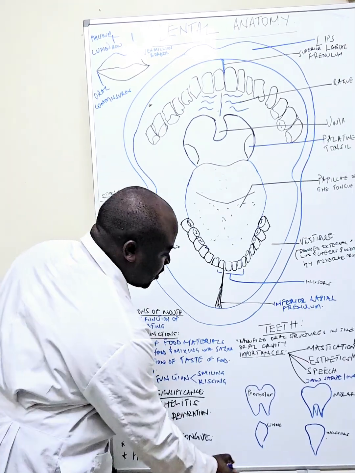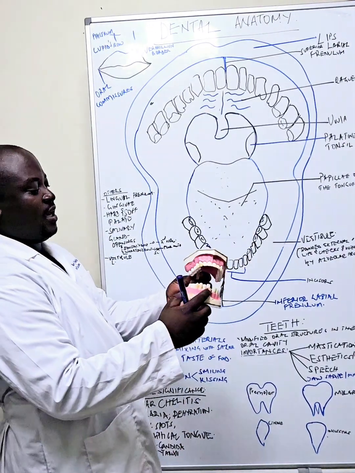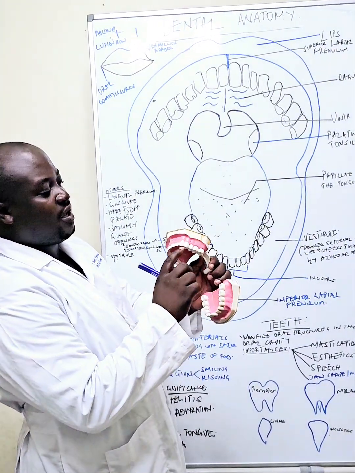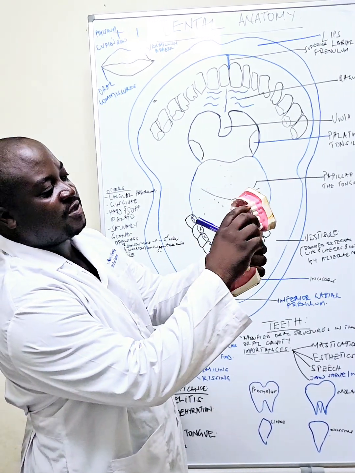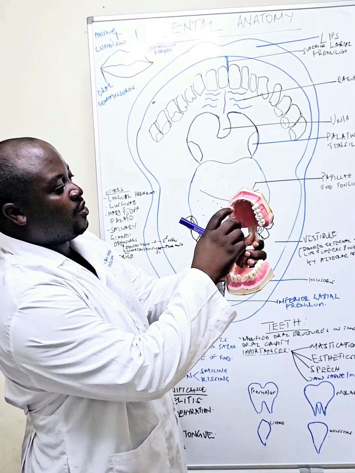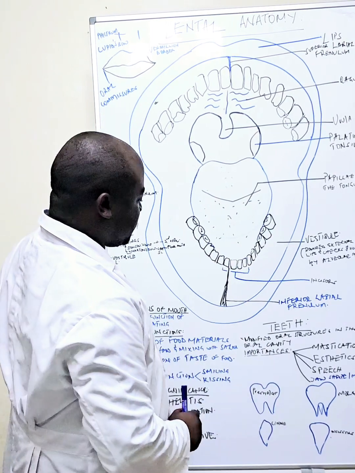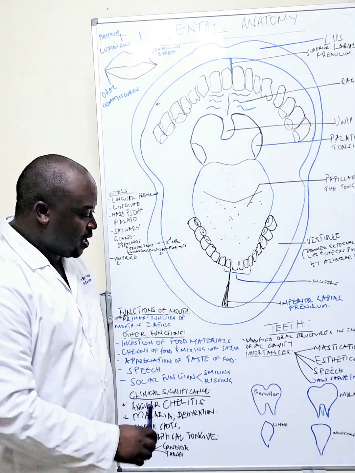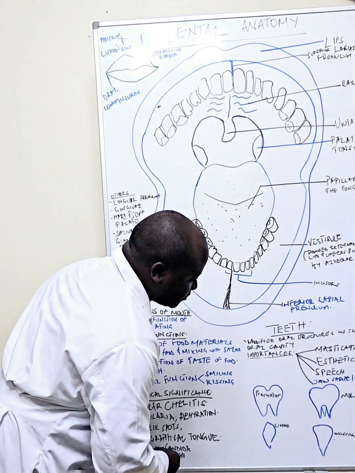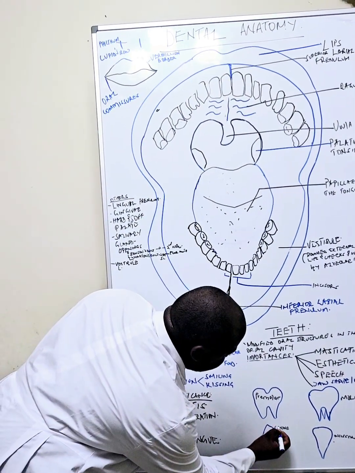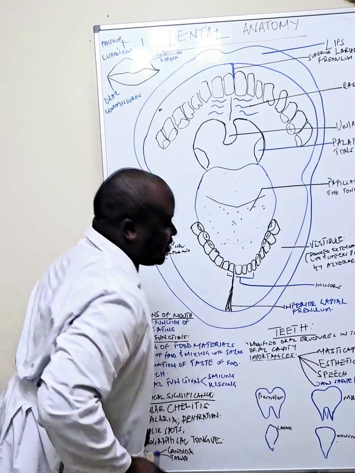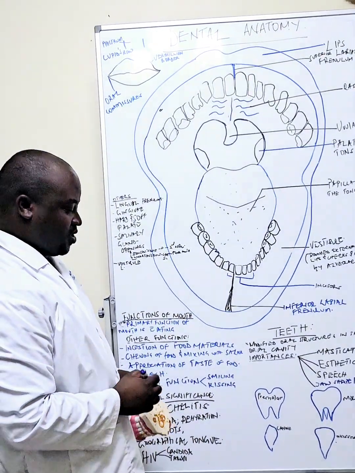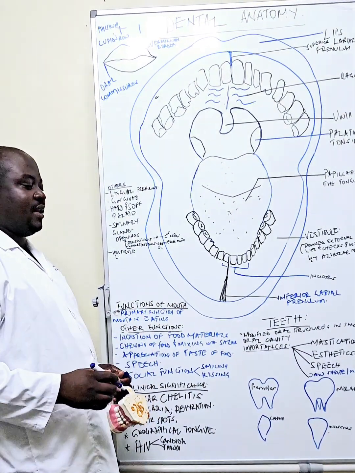We have also a cuspid. A cuspid, those are sharp teeth, very important. This is a cuspid, a sharp tooth, very important to make the smiling line of an individual. So a cuspid is called a canine. A canine is very important. We shall see the importance later.